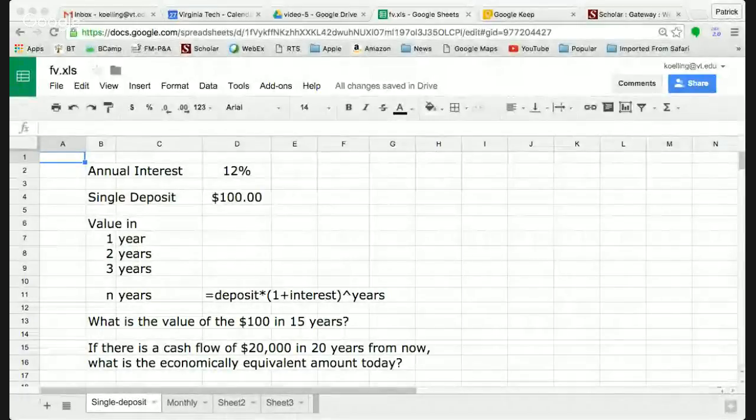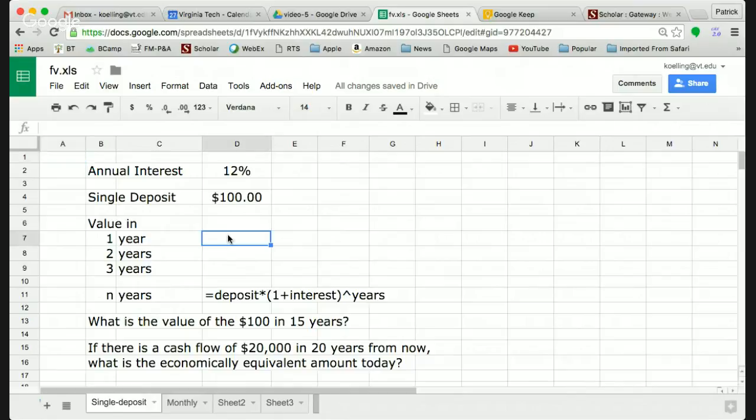There we go. In this problem, we have an annual interest rate of 12% and a single deposit of $100. Now, I'll begin here by going through the steps that we've seen before. What is the value in 1 year? That is 1 year from today, the end of year one.